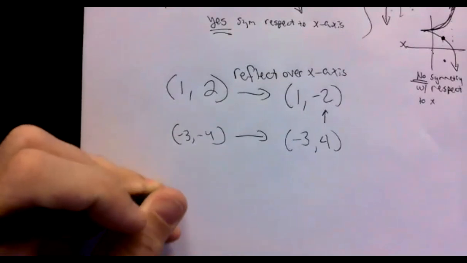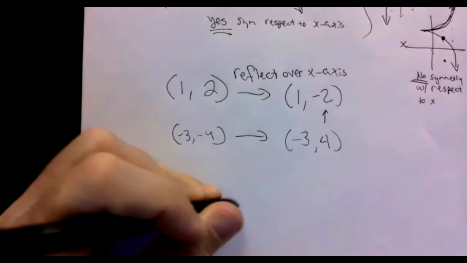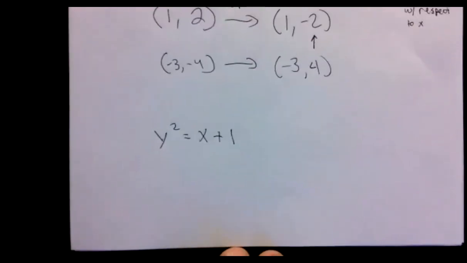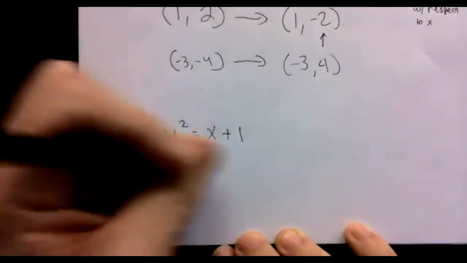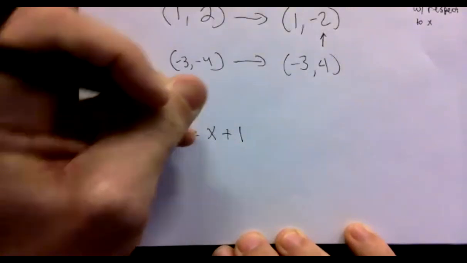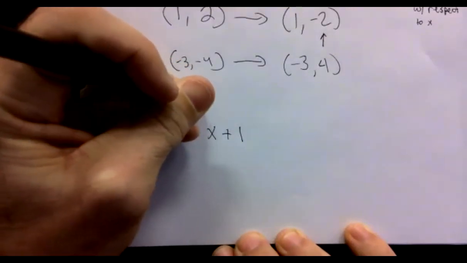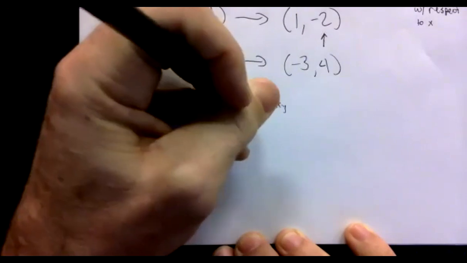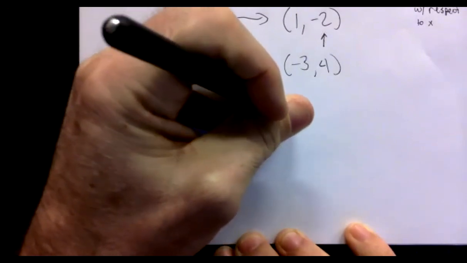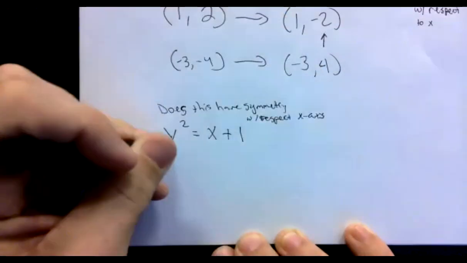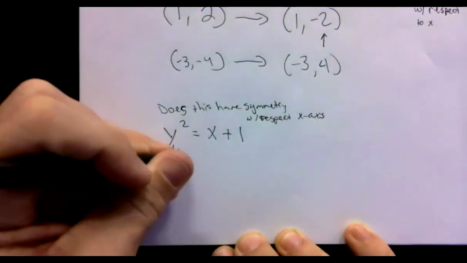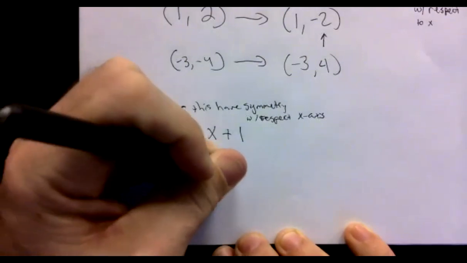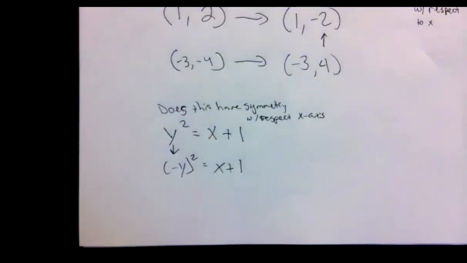If they give you a function, to figure out, does this have symmetry with respect to the x-axis, what you do is you replace y with negative y and see if anything changes.